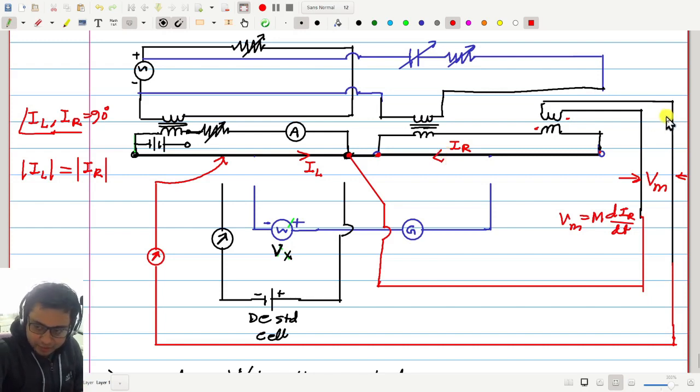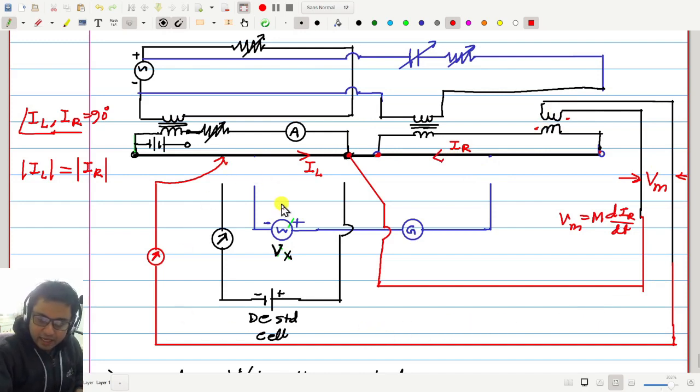Sir, I did not understand why we are using that extra transformer and pointing it towards the left side. Okay, let me tell that. The purpose is to make sure that this current IR is of the same magnitude as IL and they are 90 degrees out of phase. For that, we will take this voltage.